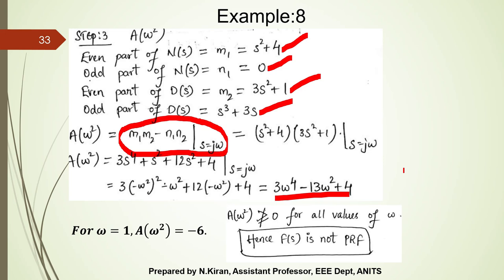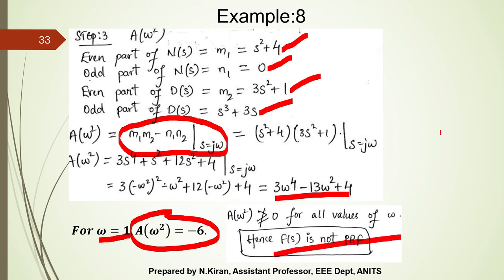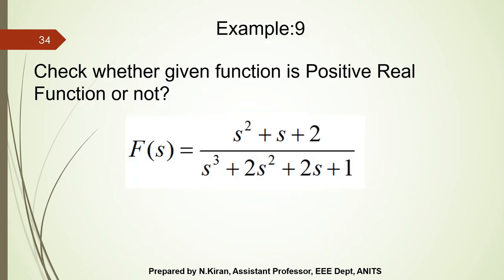So here the coefficients are not all positive, one of the coefficients is negative. Hence we should check whether the expression is greater than or equal to 0. If I substitute omega as 1, the value that I obtained is minus 6. Hence A of omega square is not greater than or equal to 0 for all values of omega. Hence this function is not a positive real function.